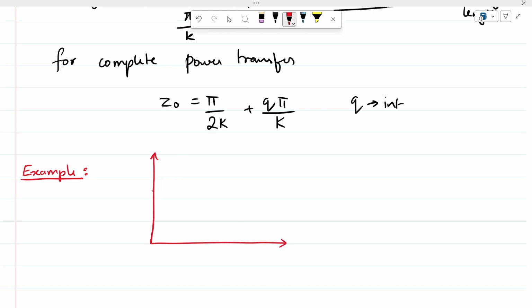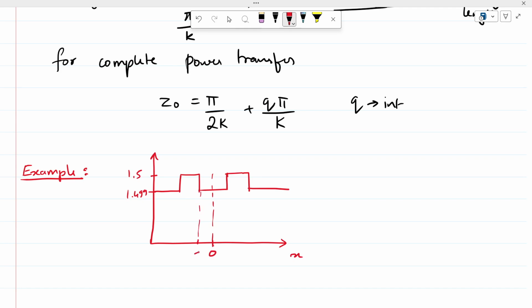Say my refractive index changes between 1.499 and 1.5. So the refractive index profile looks something like this. Since there are two waveguides, in two different regions the refractive index will be 1.5. This is my x-axis. This is x equal to 0 point.